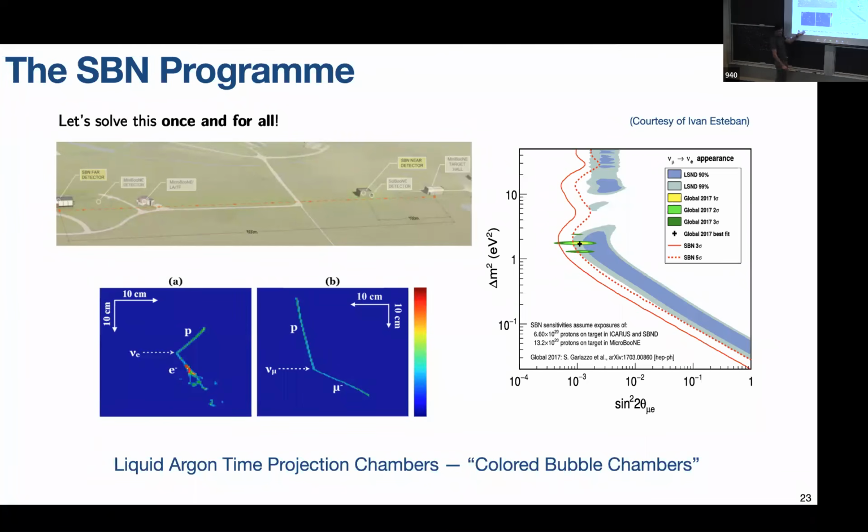And so you can tell the difference between an electron that starts to shower right as it's produced versus a photon, for instance, which has some travel distance before pair converting into an electron-positron pair in these detectors. And so the plan was to build these 3 detectors, measure neutrino oscillations, and if they have a null result, they would be able to rule out the preferred region by LSND and MiniBooNE at very high confidence.